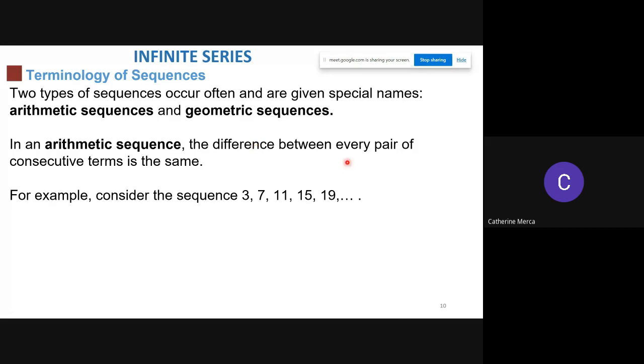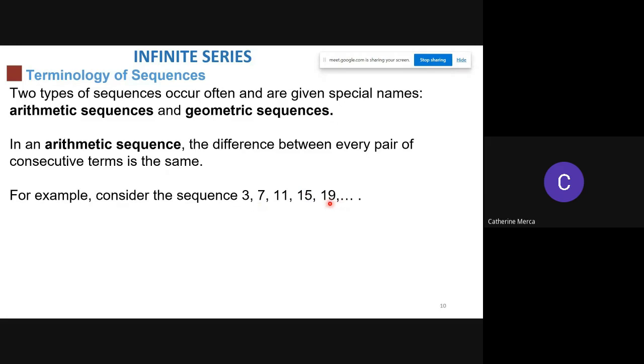For example, this one: 3, 7, 11, 15, 19. So what would be the next term? Any idea on the next term? 23, ma'am. Plus 4. What's your d? 3 plus 4, yes.